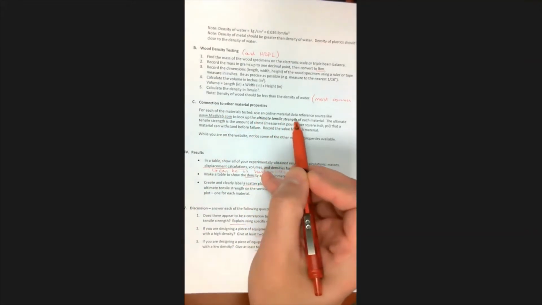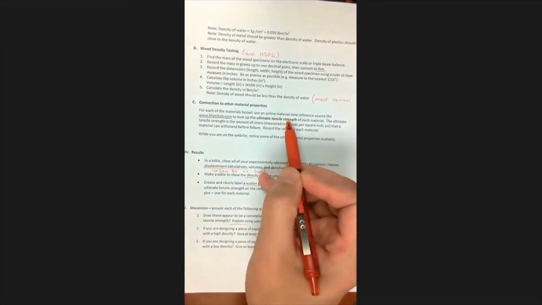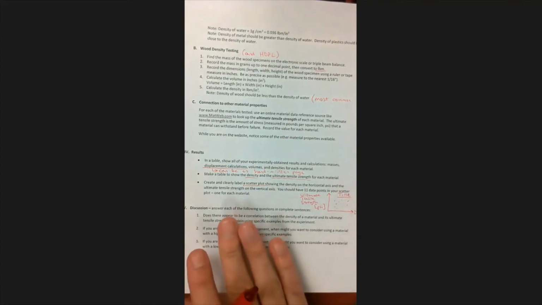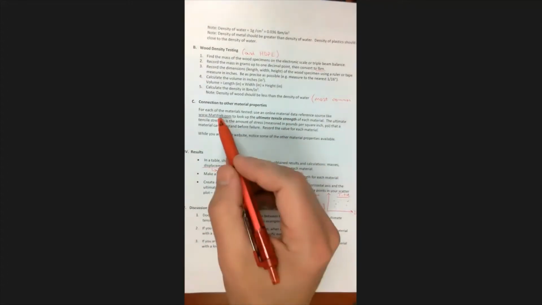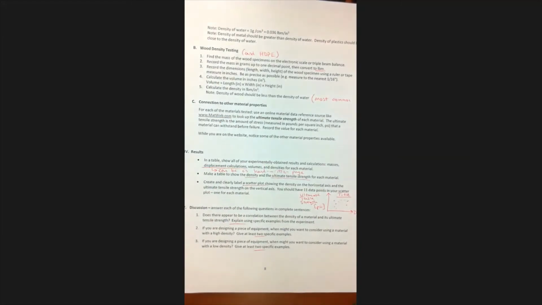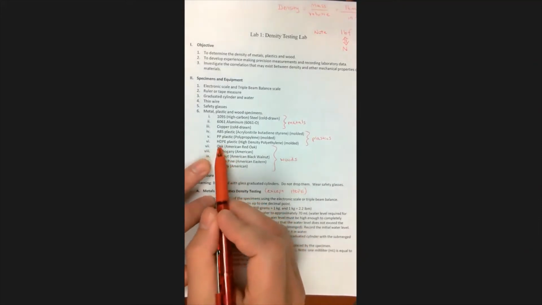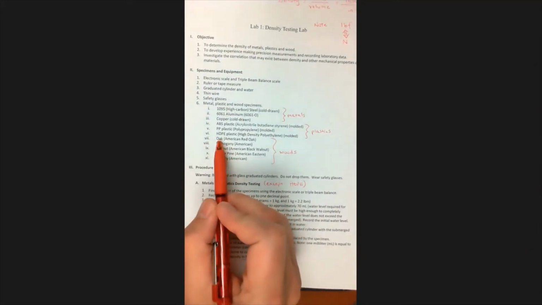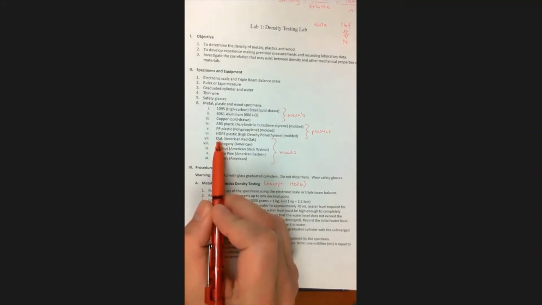I want you to look up the ultimate tensile strength of each of these specimens. And this brings up a point. If you look on matweb.com, you might find that, say, for oak, there are probably going to be a whole bunch of different kinds of oak that you can look up.